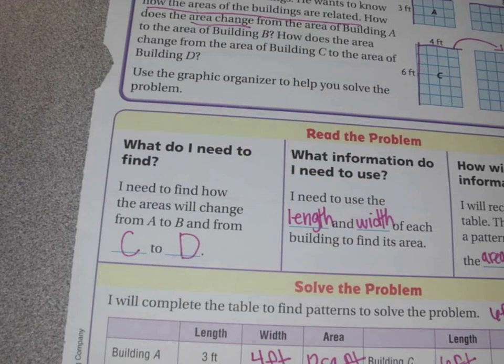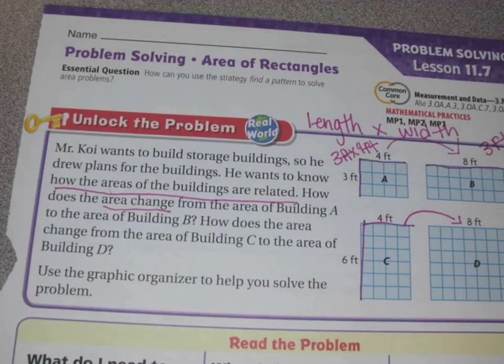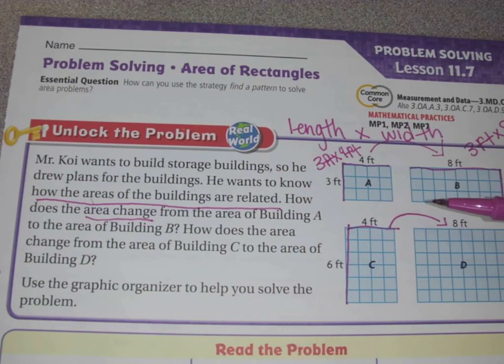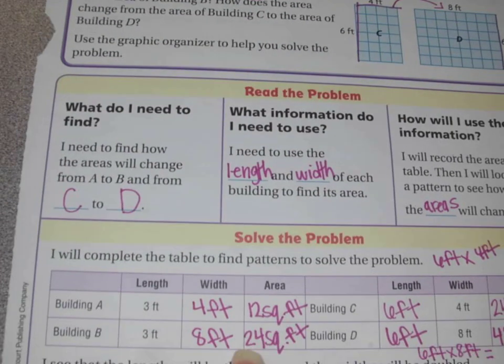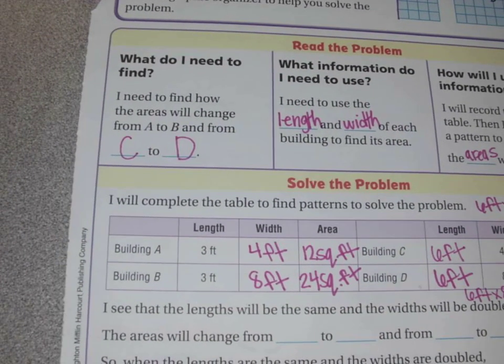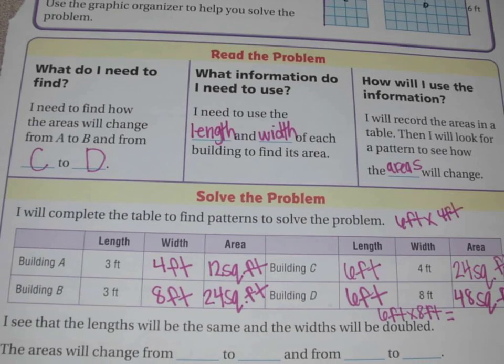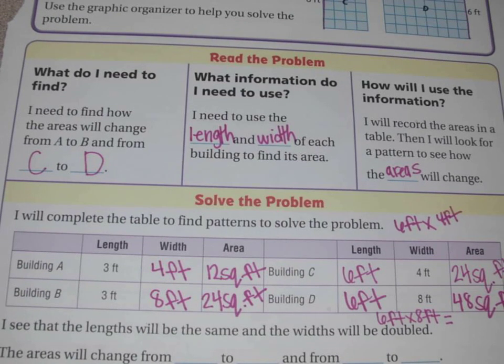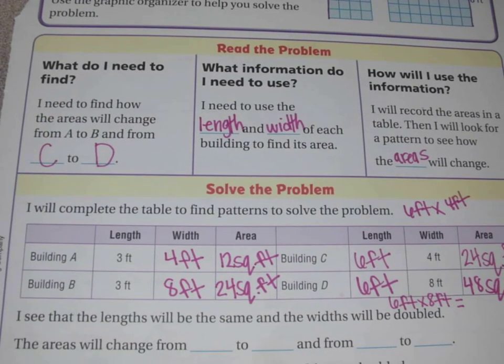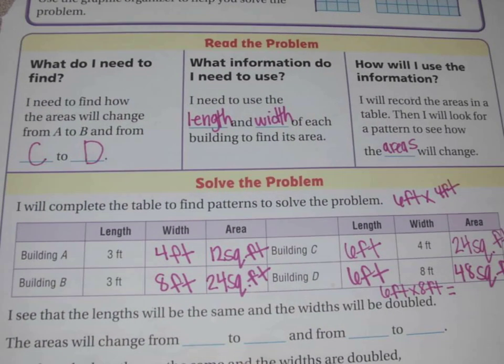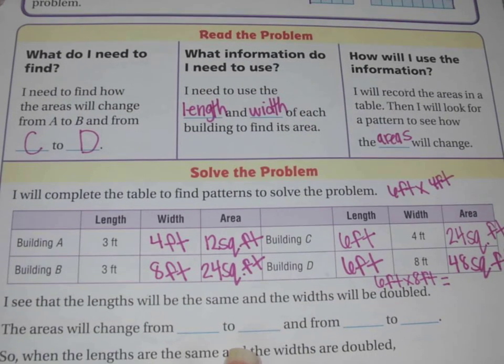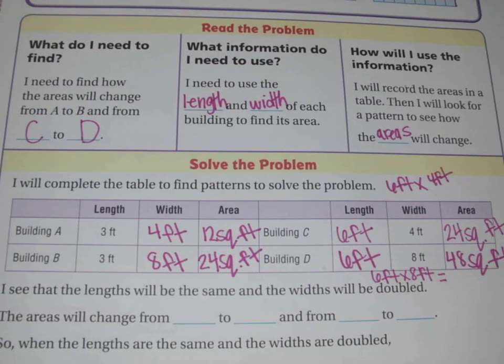All right, so all we did, boys and girls, was write the length and the width of buildings A, B, C, and D, and we just put it into a table because it helps us to organize our thinking. When it's side by side, we get to really look at the information.